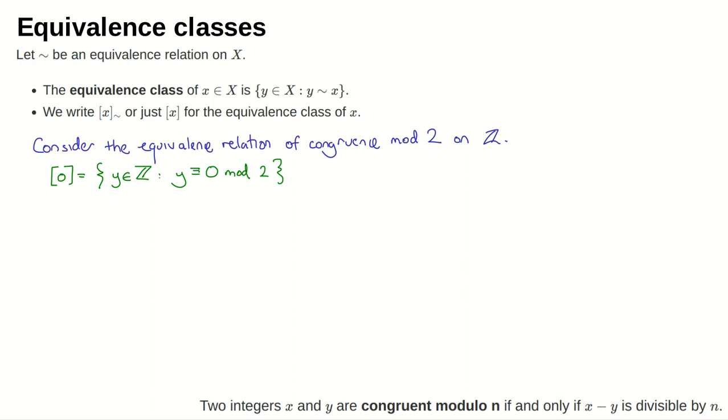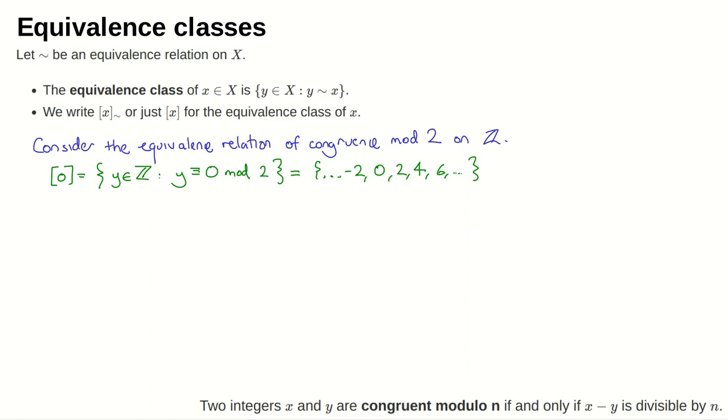So this equivalence class here is simply the set of all even integers: minus 2, 0, 2, 4, 6, and so on. So that is what the equivalence class of 0 looks like. It just consists of the set of all even integers.